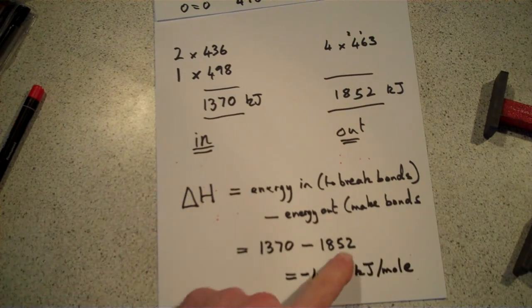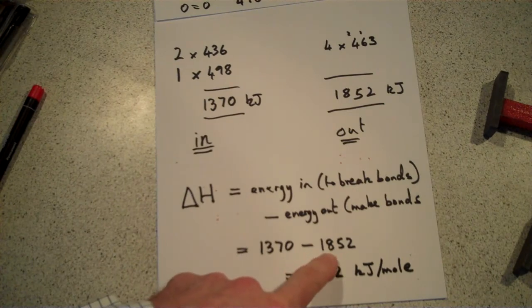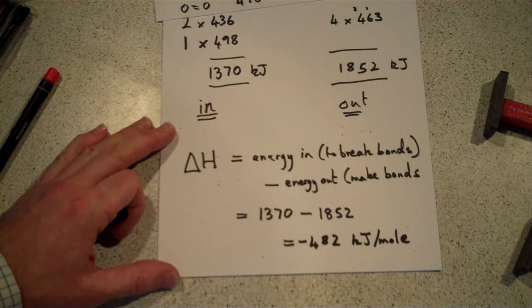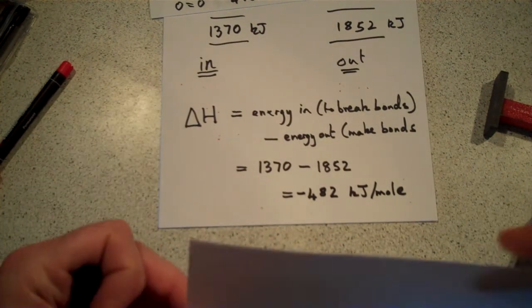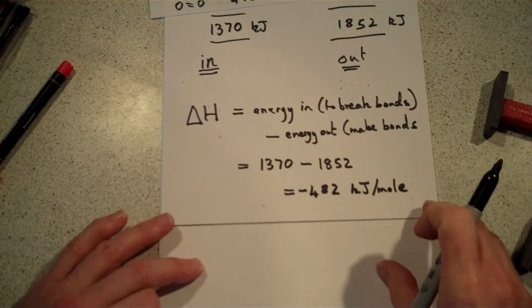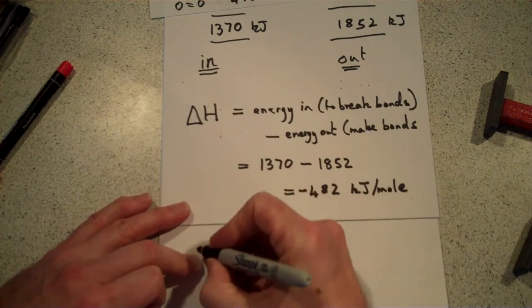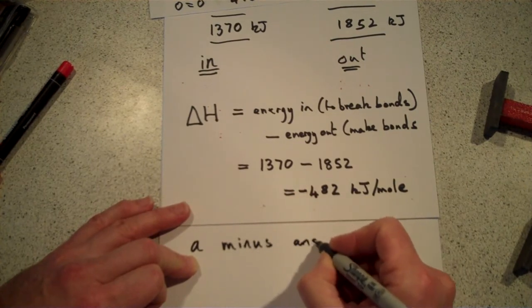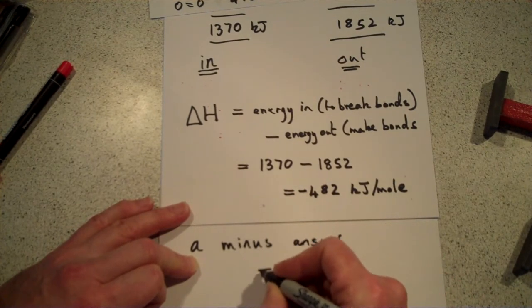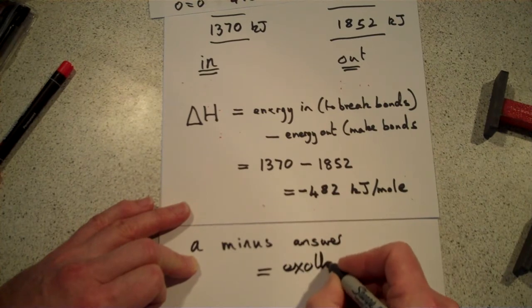Minus, because we got more energy out, so that number is bigger than that number. Minus. And if your final answer is minus, that tells you that your reaction is exothermic. A minus answer, or a negative answer, equals exothermic.